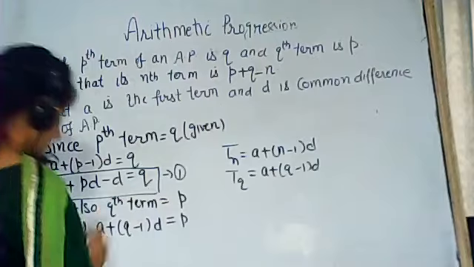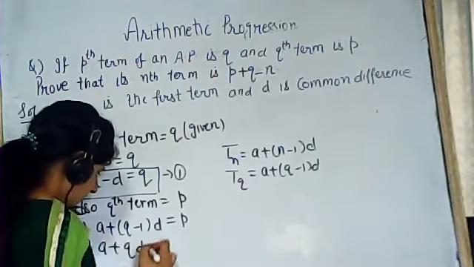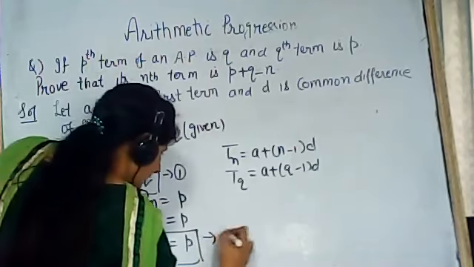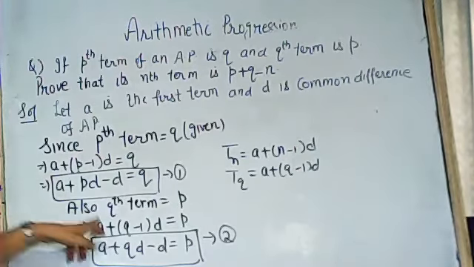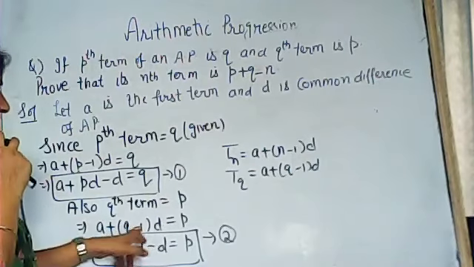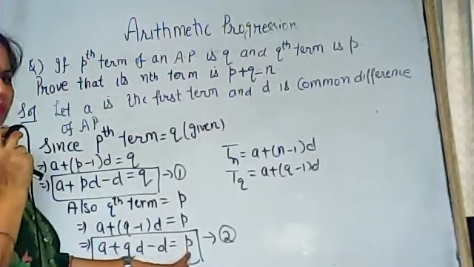Now let us simplify this relation. You will get A plus QD minus D, which is equal to P, and let us denote it as equation number 2. A plus Q into D is QD, D into minus 1 is minus D, and the right hand side will be the same.